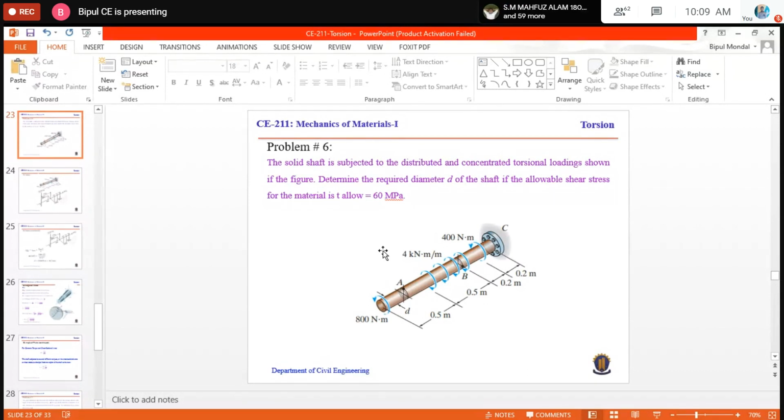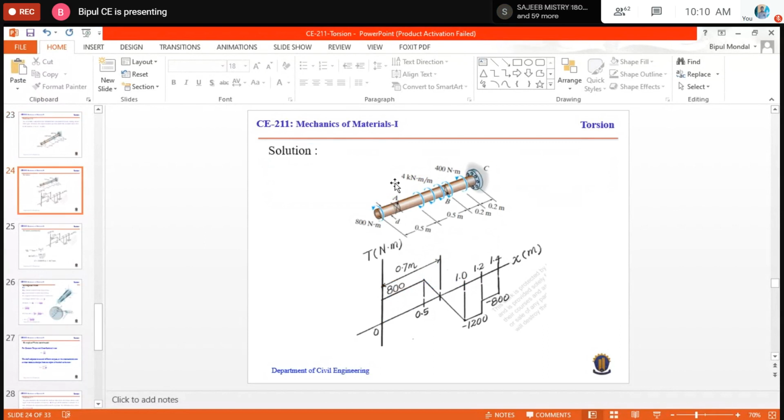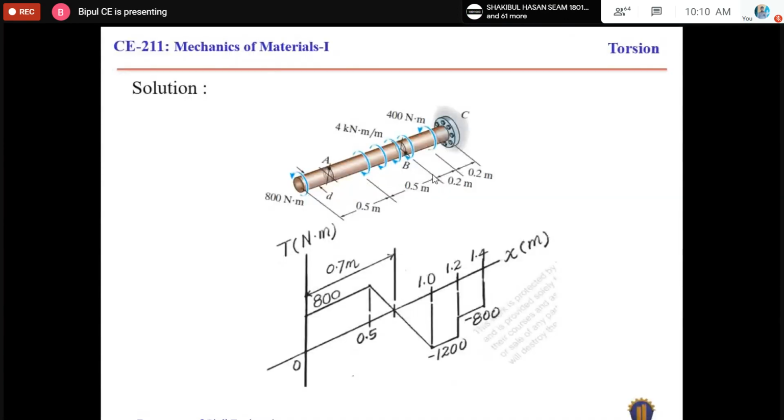So we will first show the variation of shear torque or torsional force along the length of the shaft. So this is the shaft, and this shaft is subjected to a concentrated torsional force, another concentrated torsional force, and this part is the uniformly distributed torsional force.